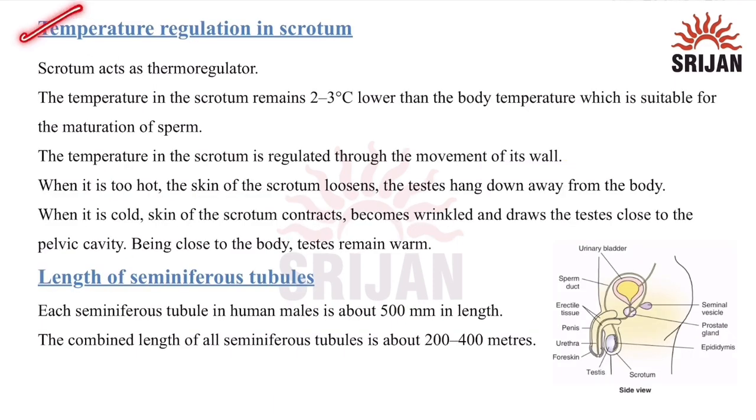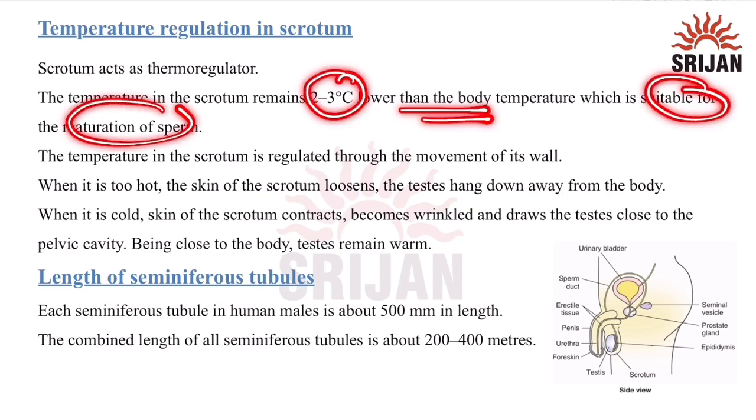Now, temperature regulation of the scrotum or scrotal sac, which is this part. It acts as a thermoregulator. Thermal means heat, or the temperature, and regulator means maintenance, which means that it will maintain the temperature. The temperature in the scrotum will remain 2 to 3 degrees Celsius lower than the body temperature, which is suitable for the maturation of sperm.